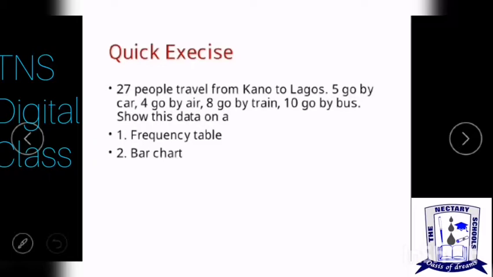Show this data on a frequency table. You can use any design. You can decide to use the horizontal frequency table or the vertical frequency table. Anyone, it's okay. And I also want you to show this data on a bar chart. That means I want you to represent it on a bar chart too. So you do that. But before you go, finish this class with me.